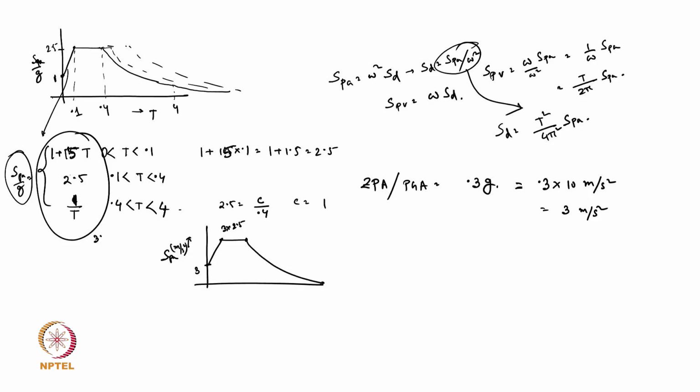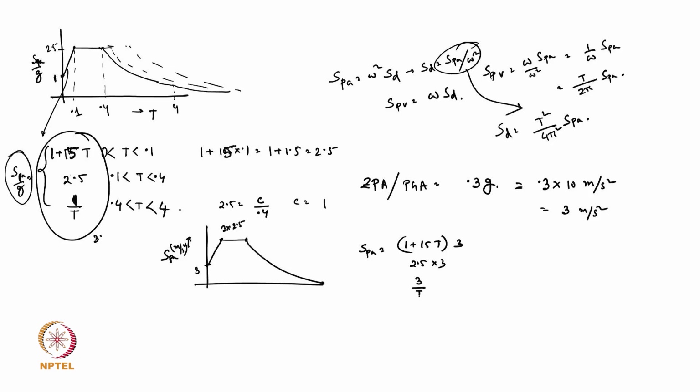Perfect. So if you agreed, now let's move to the next point. That SPA we got. Now once we got SPA, your SPA will become 1 plus 15t into 3, then it will become 2.5 into 3, then that will be 3 by t.